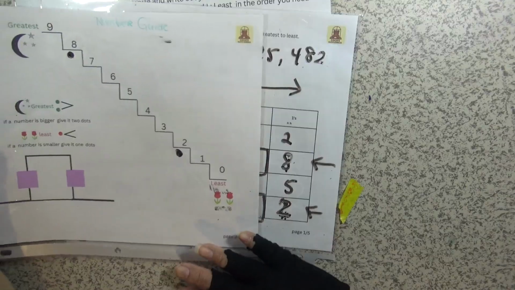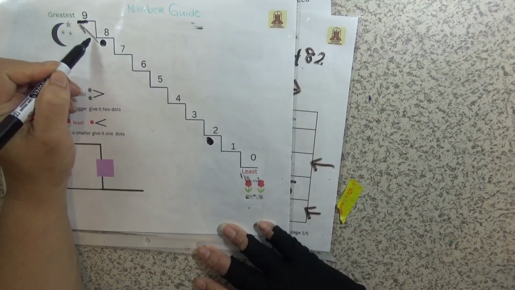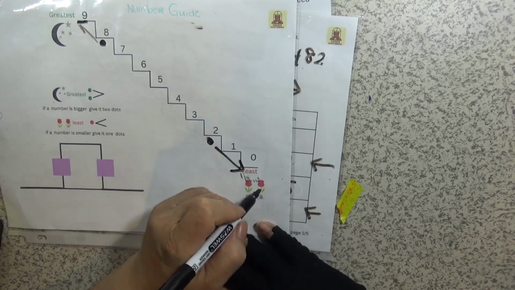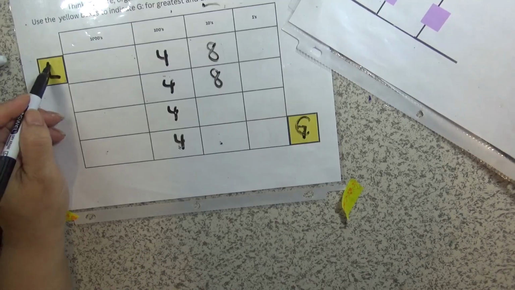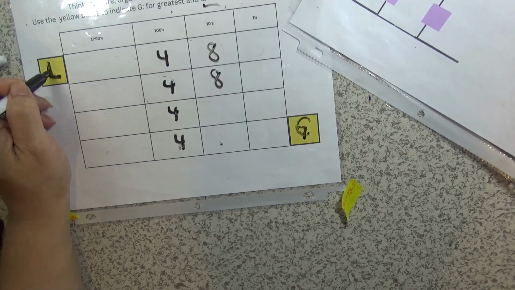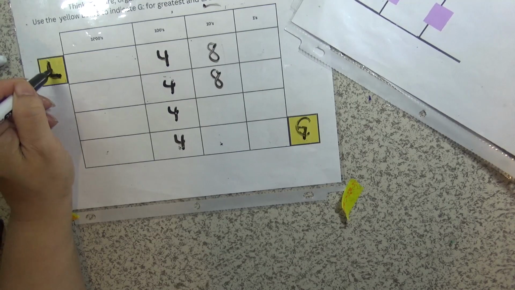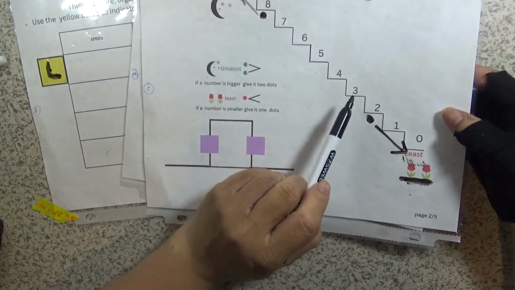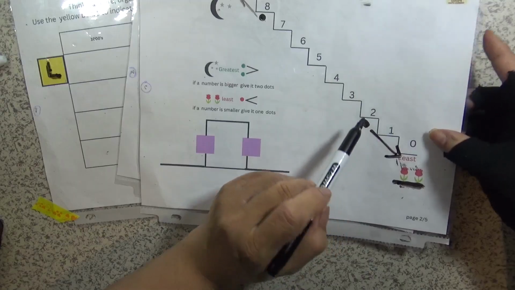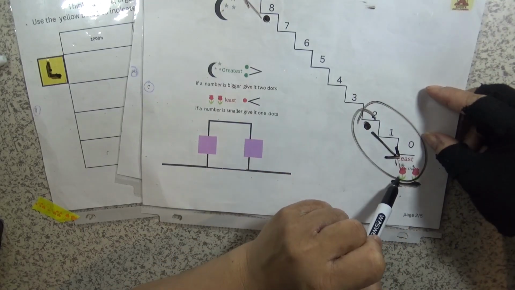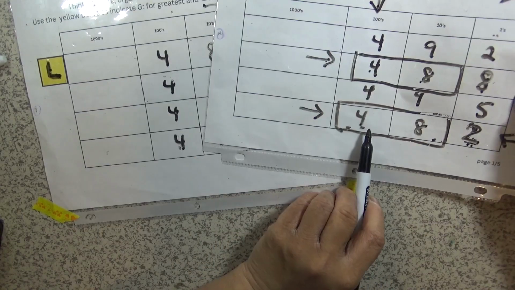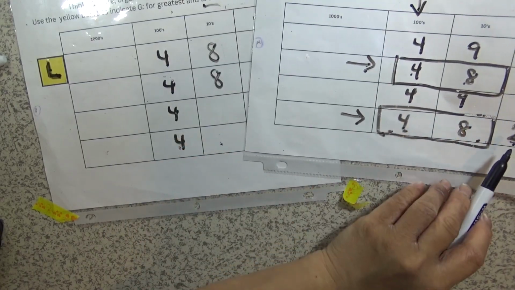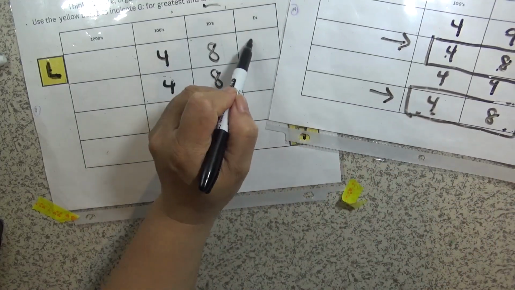Between the two dots, this one is going towards the stars, this one's going towards the least, where the tulips are. The guide hasn't changed. We still have to focus on getting the least to the greatest. So between the 8 and the 2, who is the least? That would be 2 because it's going towards the tulips. The least number between the 2 and the 8 is the 2.